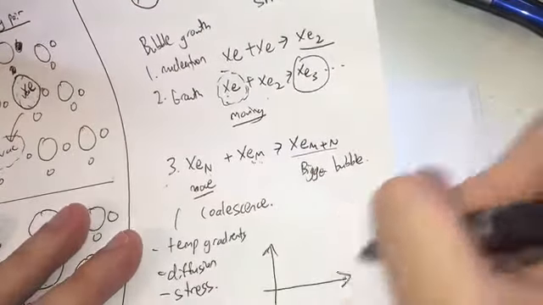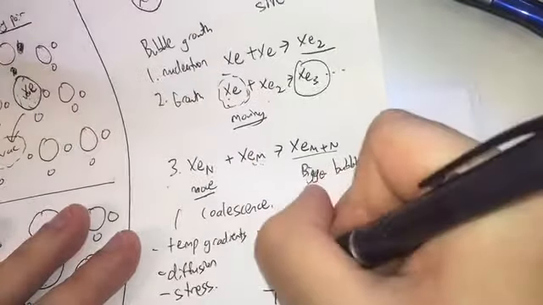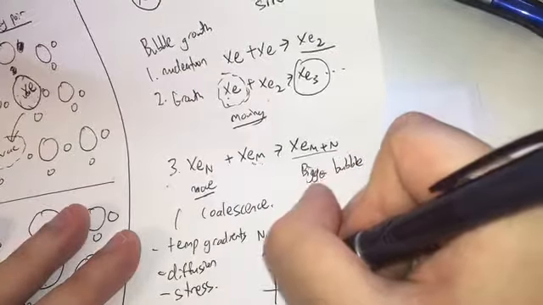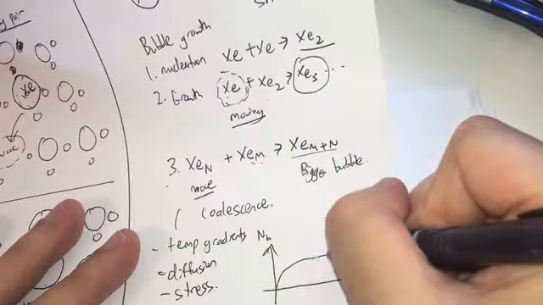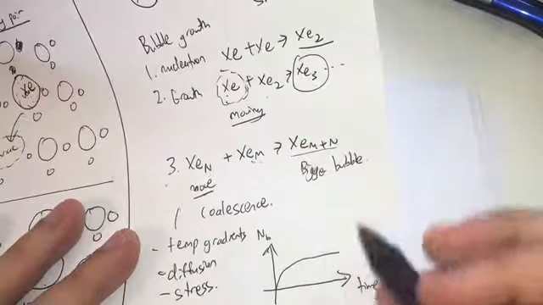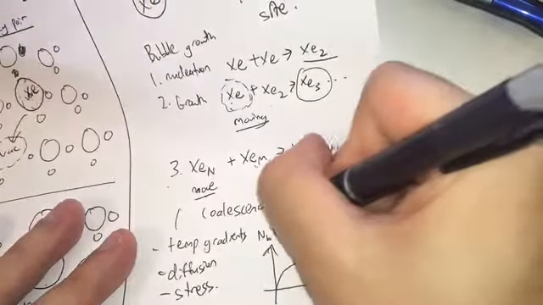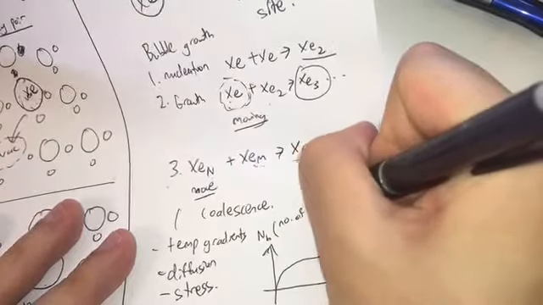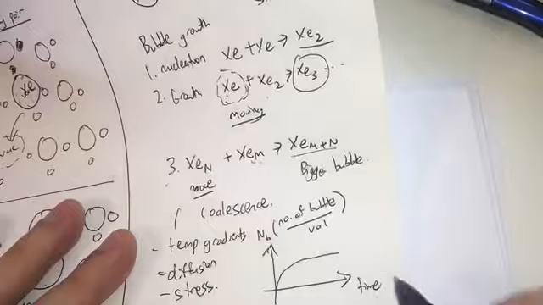So if we have a plot of the bubble number density versus time, it will look something like this. It will start growing exponentially. This is the number of bubbles per volume versus time.